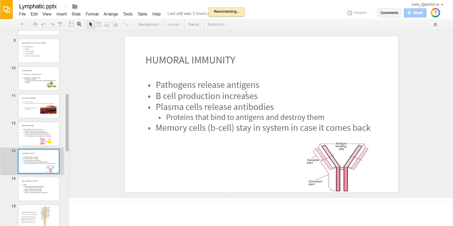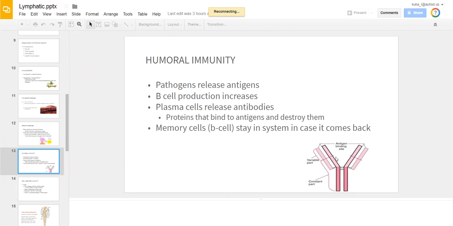That's what causes our body to react, and B cell production increases. As soon as our body realizes that something's wrong, we will start making more B cells immediately. We have plasma cells that release antibodies. Plasma cells are the beginning of B cells. And the proteins, an antibody is a protein, bind the antigens and destroy them.